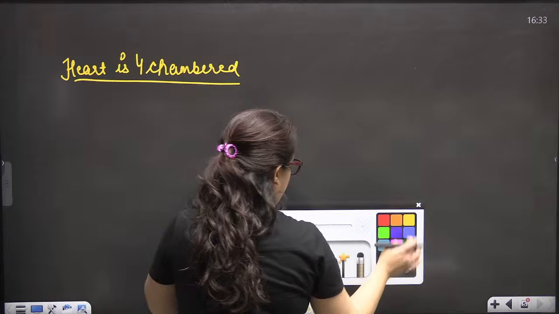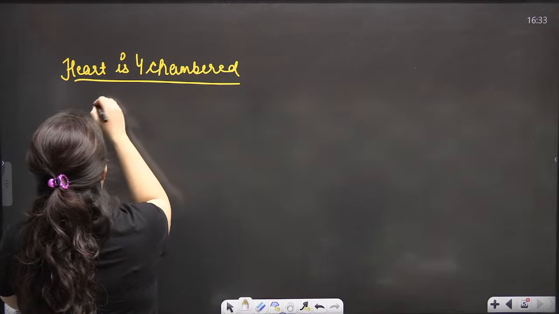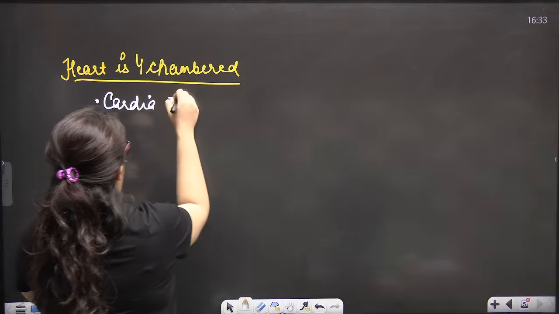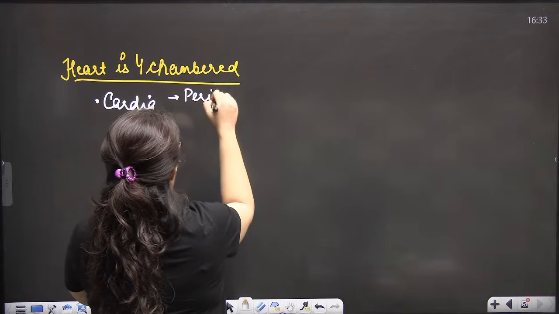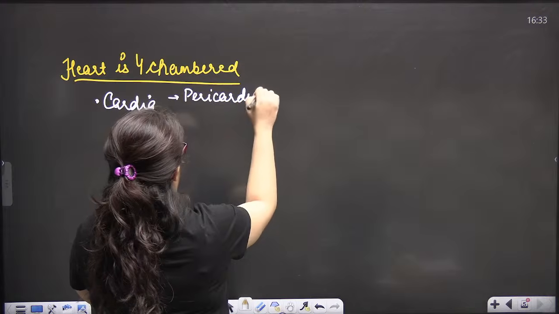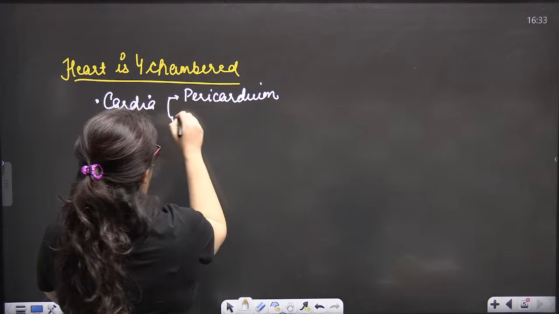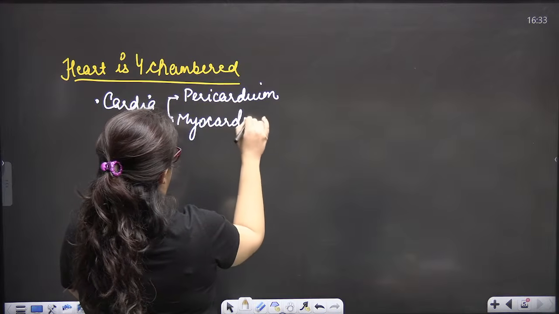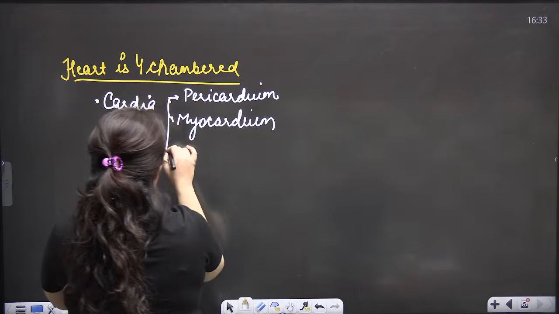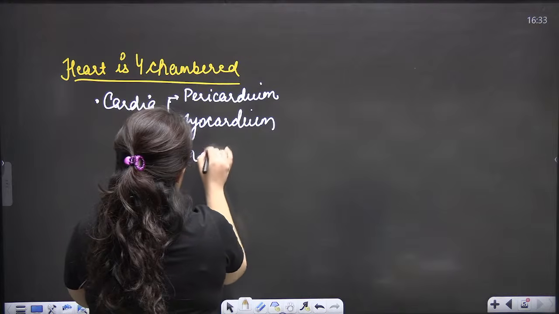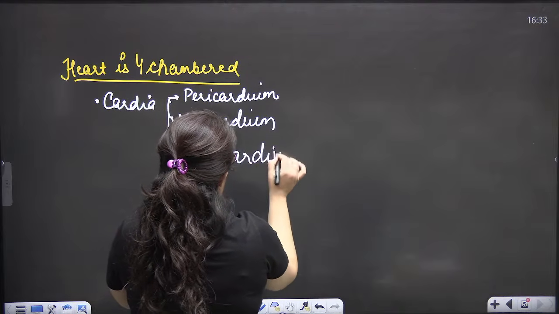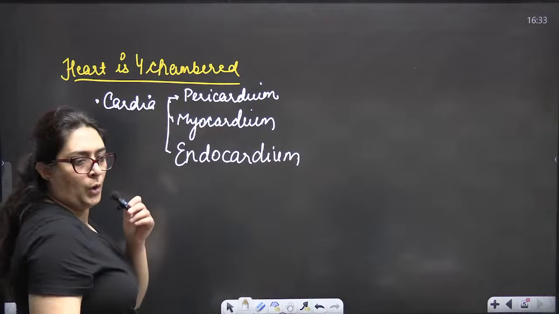There are layers. The outer layer is pericardium, the middle layer is myocardium, the muscular, contraction layer, and endocardium.